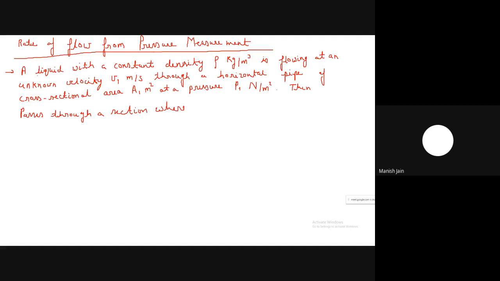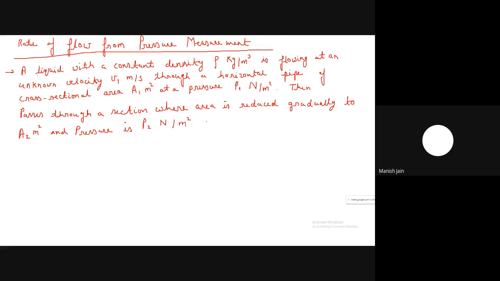where the area of the tube is gradually reduced to A2 meter square, and the pressure is P2 Newton per meter square.